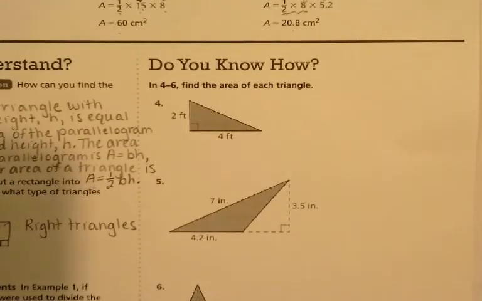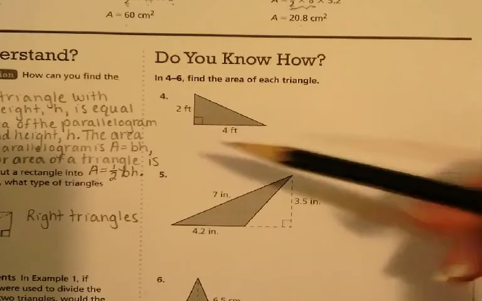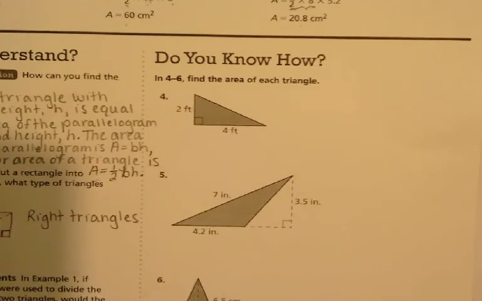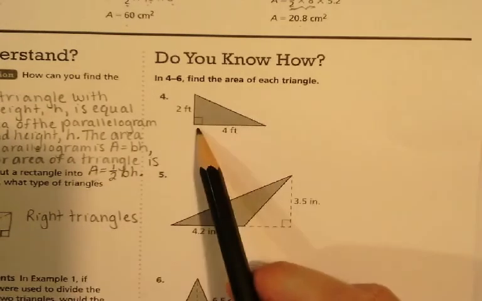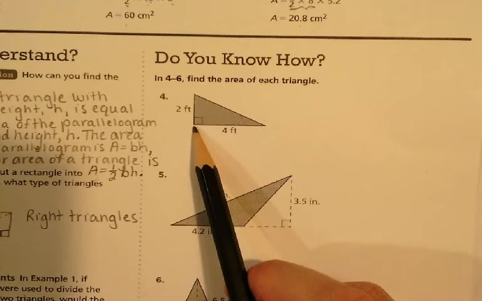Okay, we're going to look at a couple examples. I'm going to do number 4 and 5 with you and give you a few moments to try number 6 on your own. Okay, question number 4. You have a right triangle. We know that because this middle angle here is a right 90-degree angle.